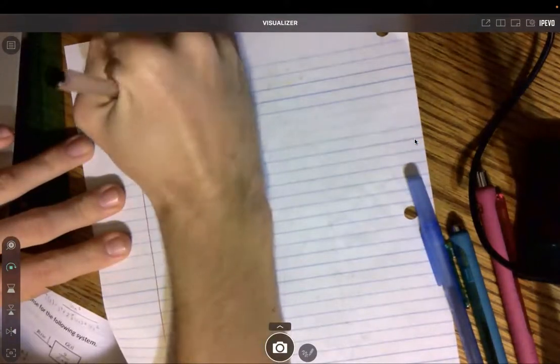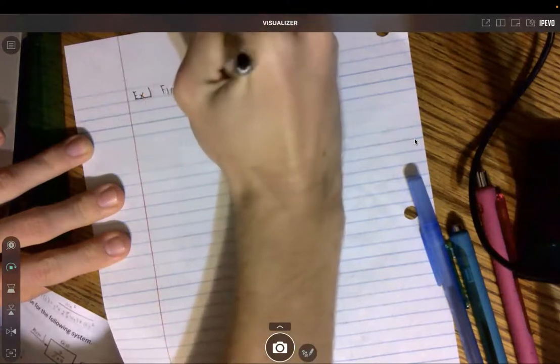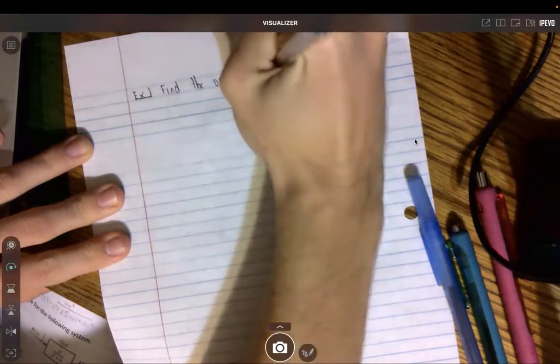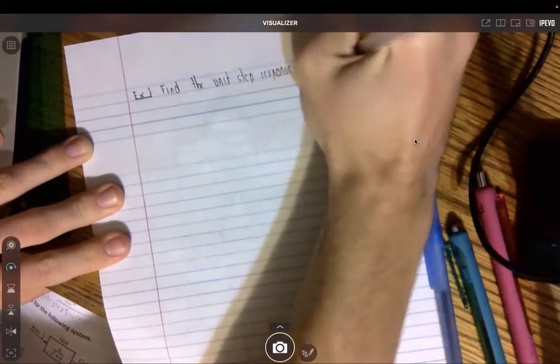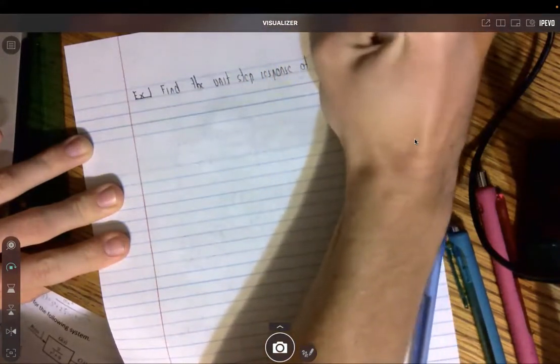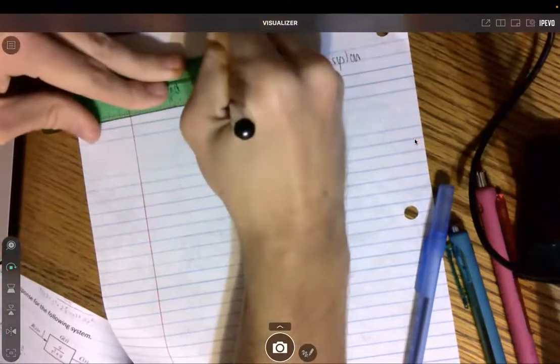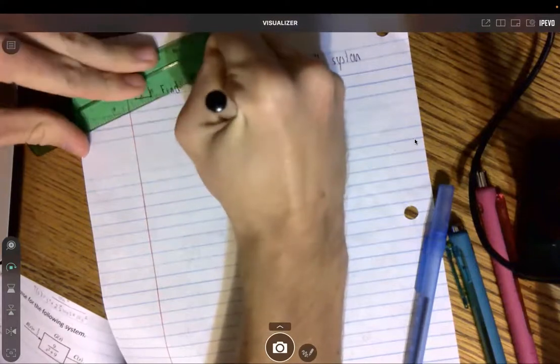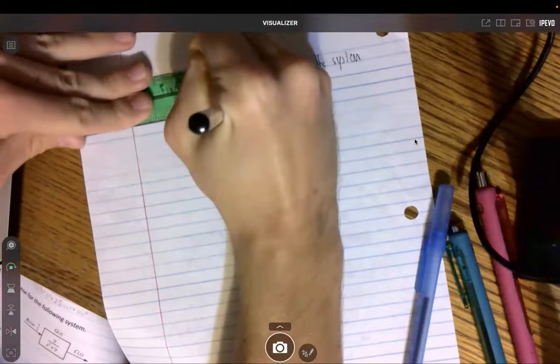So what we want to do is find the unit step response of this system. And so what we have here within our system is the block diagram where we have 9 over s squared plus 9.